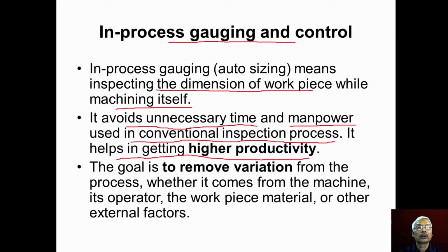The goal of in-process gauging is to remove variation from the process. See, in the conventional inspection process, the size of the workpiece may vary from workpiece to workpiece, whereas in the case of in-process gauging, that variation can be minimized.